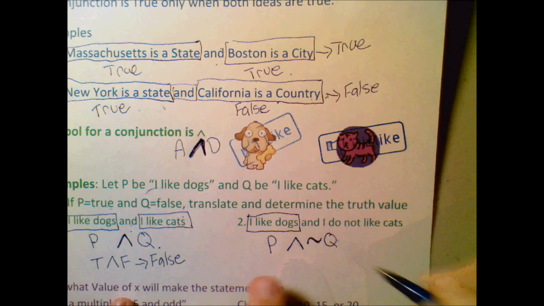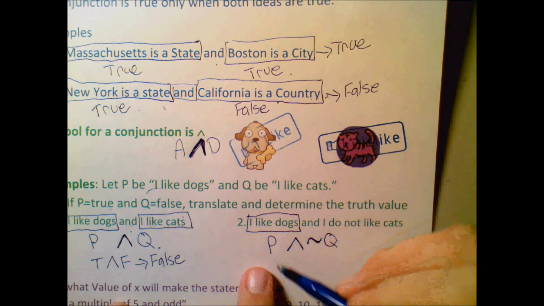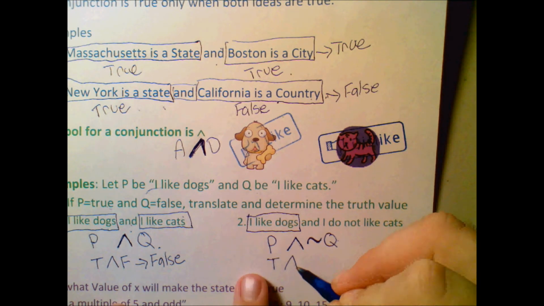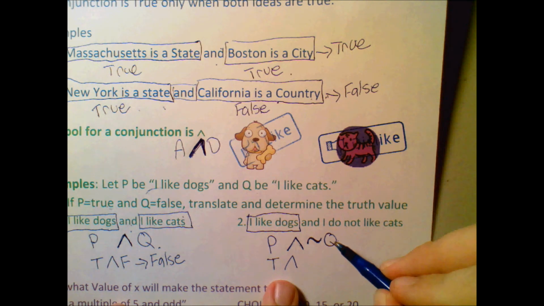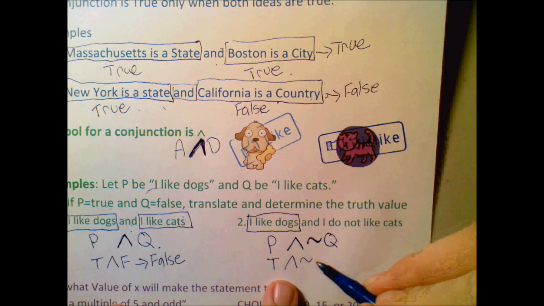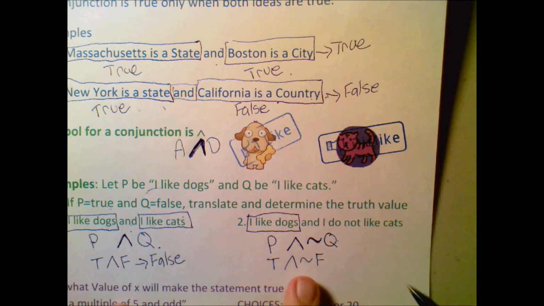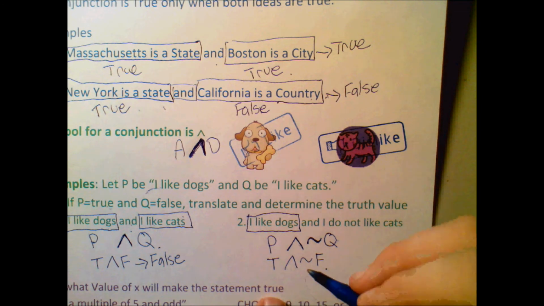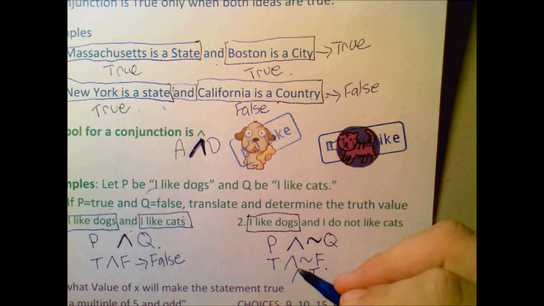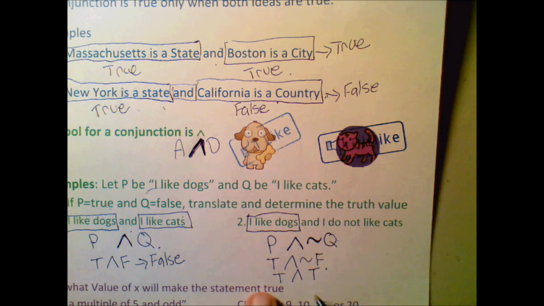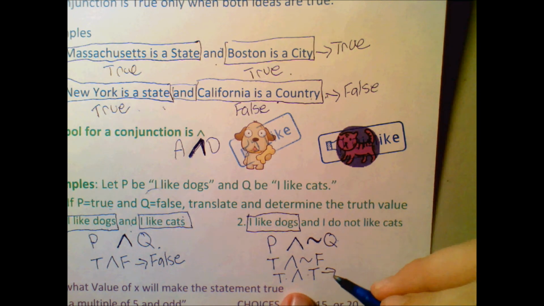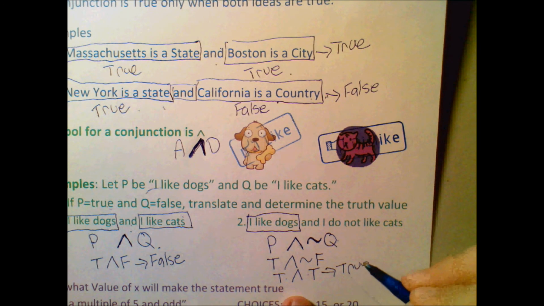So we put not Q. Now, I know P is true, and Q by itself is false. So I'm going to put the squiggly in front of false. If something is not false, it has to be true. So we have a true and true, making this whole statement true.